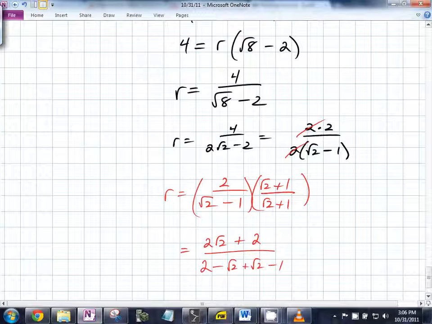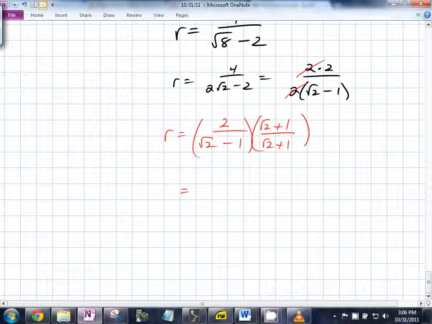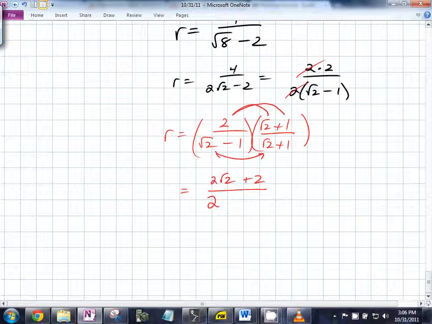I don't want to do this too fast. 2 times root 2 is 2 root 2. 2 times 1 is 2. Over, what's root 2 times root 2? 2. Root 2 times 1 is root 2. Negative 1 times root 2. Negative 1 times 1. Minus 1. Yeah, minus 1.